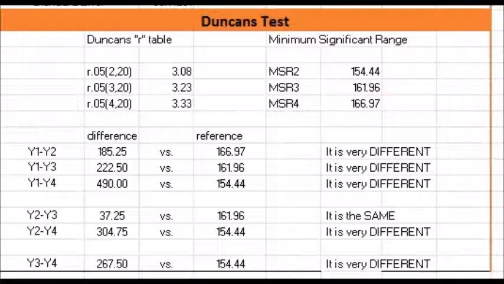Like in the first case, you subtract y1 minus y2, the averages we got before. And if the difference is greater than the reference, it means that it's a significantly different value.